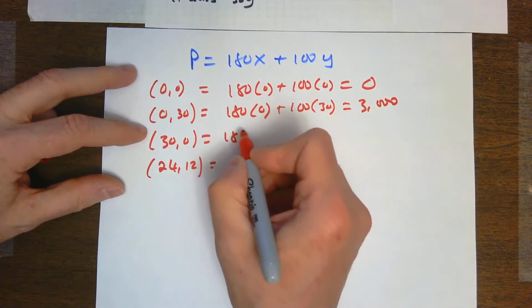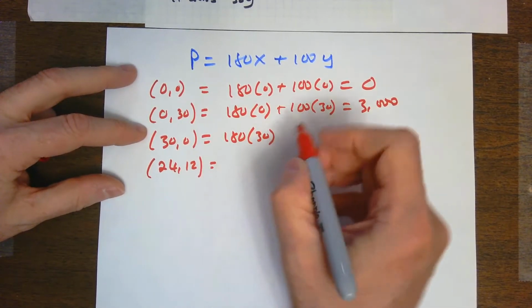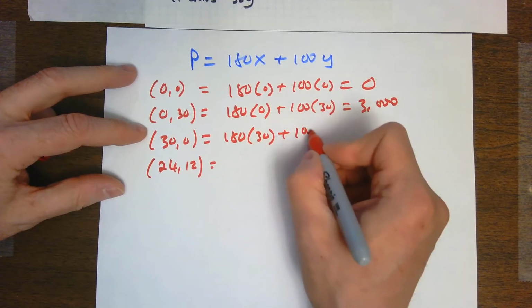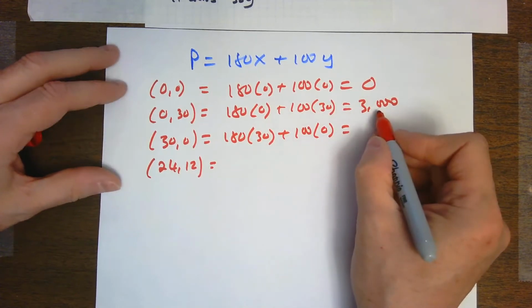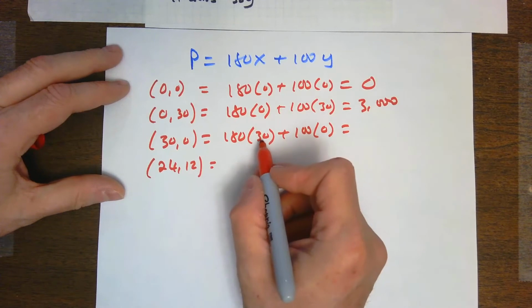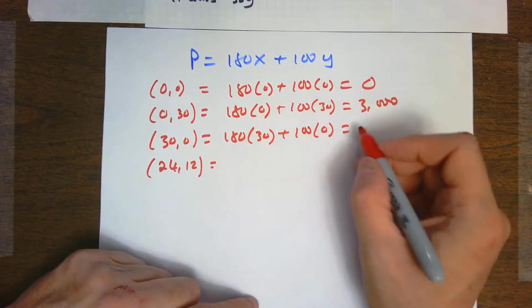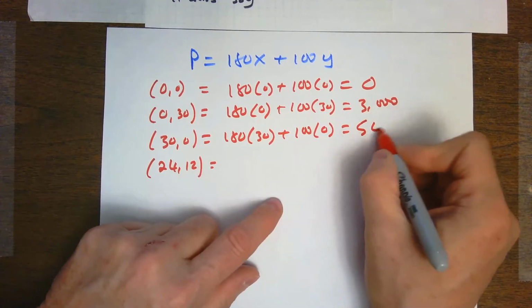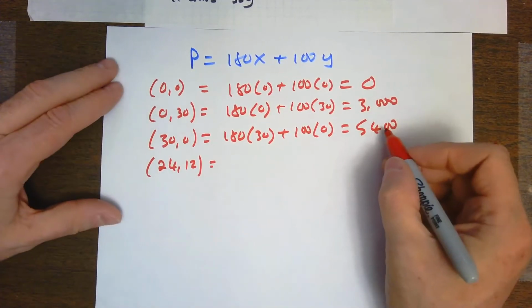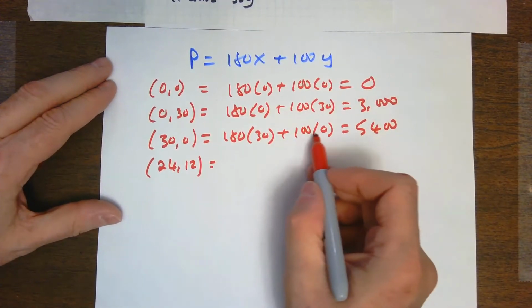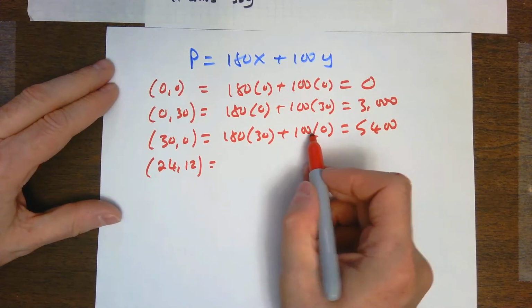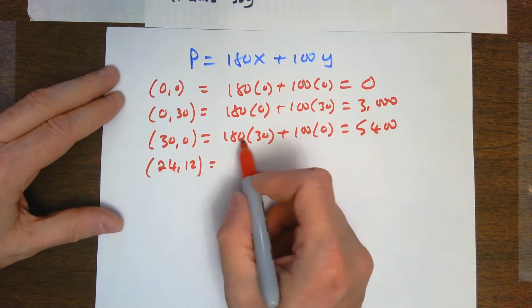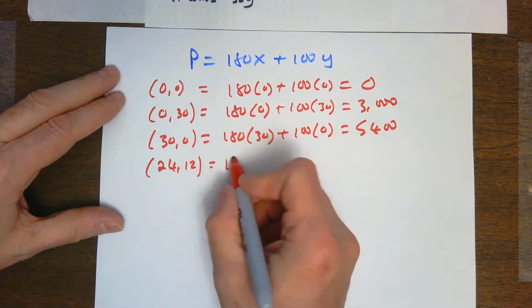What about if he only plants soy and no wheat? Does he make the same $3,000? No. It would be 30 times $180. Let's see, 18 and 18, 20, 36, 46, $5,400. That's a lot better. So far, the best bet is don't plant any wheat at all. Plant just 30 acres of soy. But we still got this one.